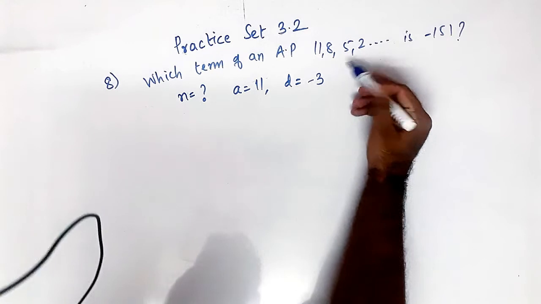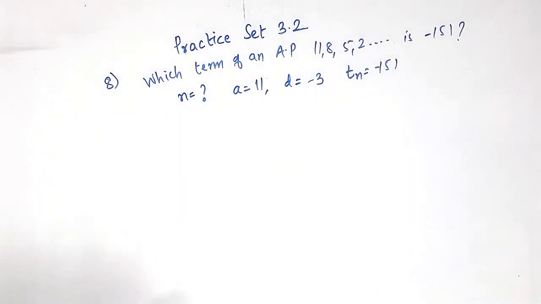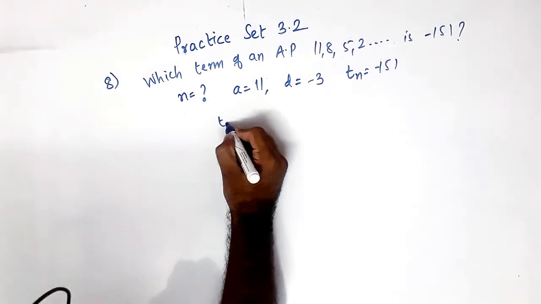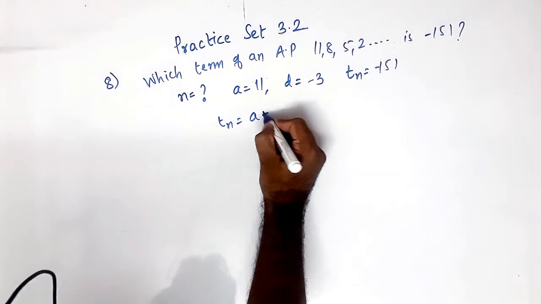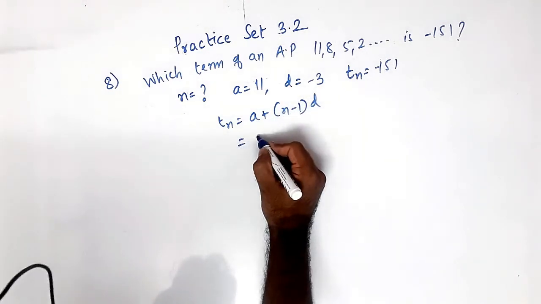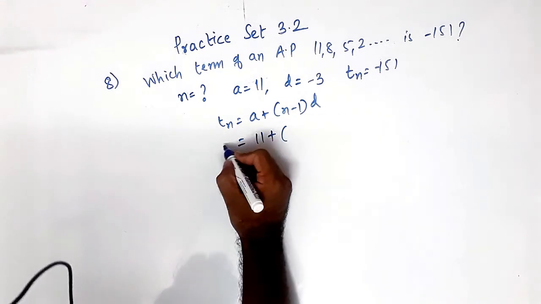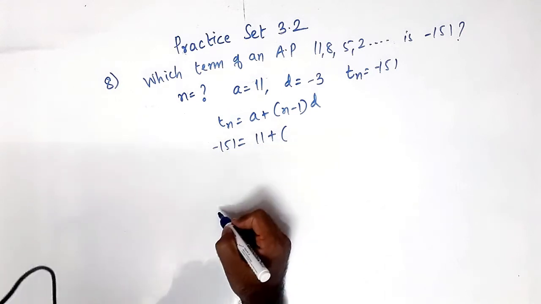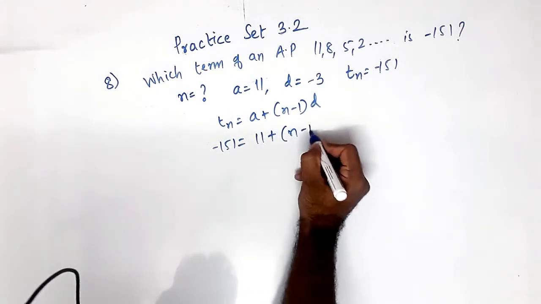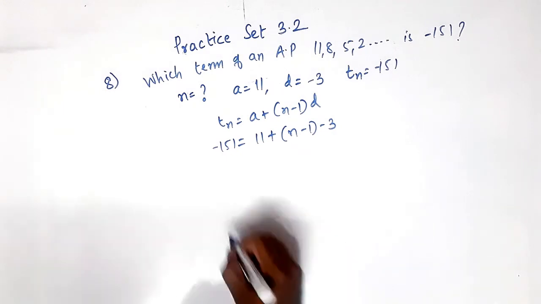Okay, and this is our Tn. We have to go till here. Okay, we have to find n. So I'll straight away write Tn is equal to a plus n minus 1 into d. a is 11 plus n minus 1 into d. Tn, I'll write this minus 151. d is minus 3.